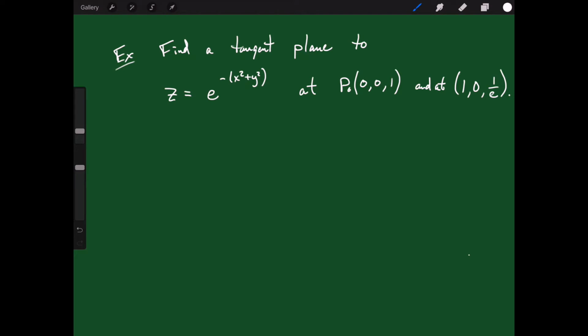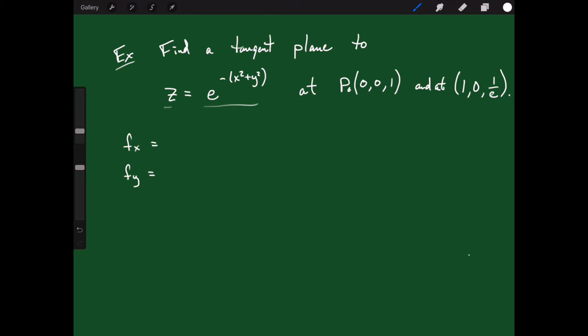Okay. So how do we go about finding these tangent planes? Well, now we know that we need to find a partial with respect to x. We need a partial with respect to y. We don't really need the partial with respect to z because this is a z equals a function of x and y. So let's find this partial with respect to x and this partial with respect to y.